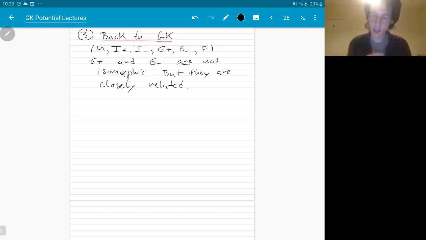In particular, they have the same imaginary part, and so they have the same symplectic leaves.